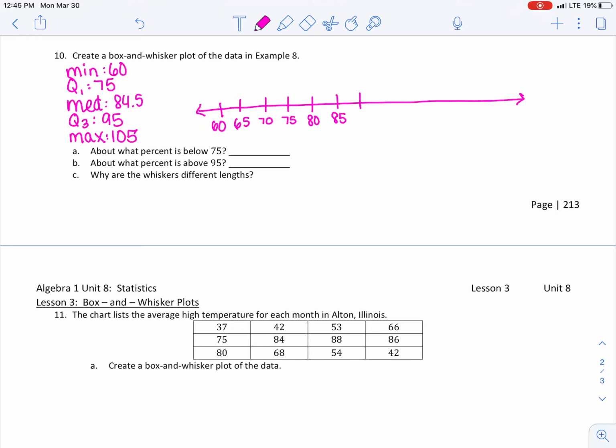You can go by a different interval. I just think 5s will work out nicely. I'm going to go ahead and get rid of this. Oops, I just erased the whole thing.